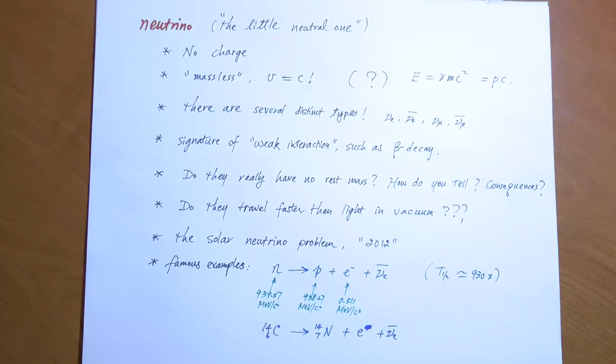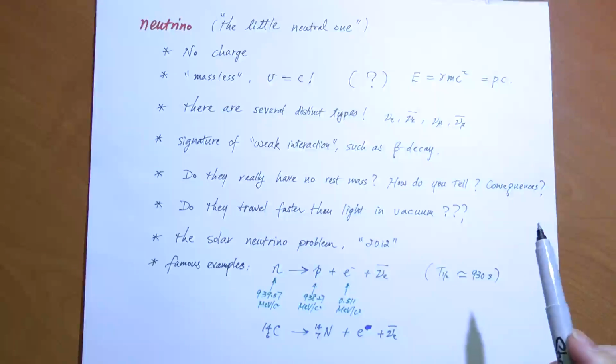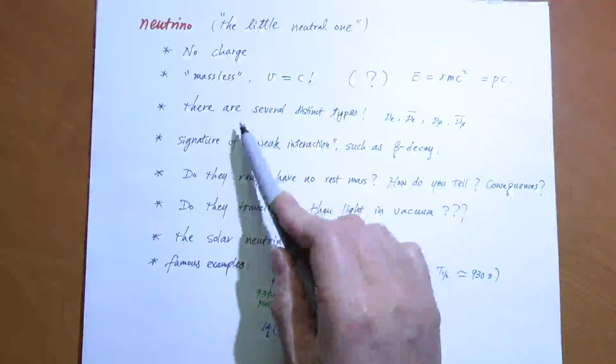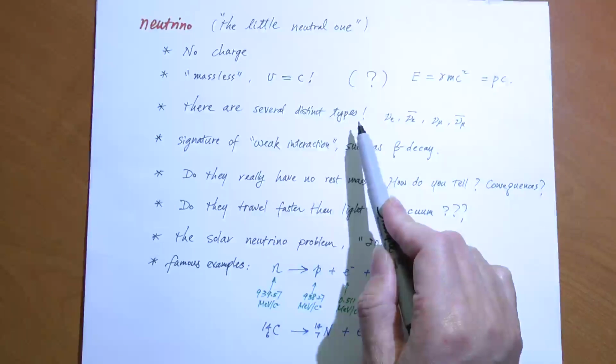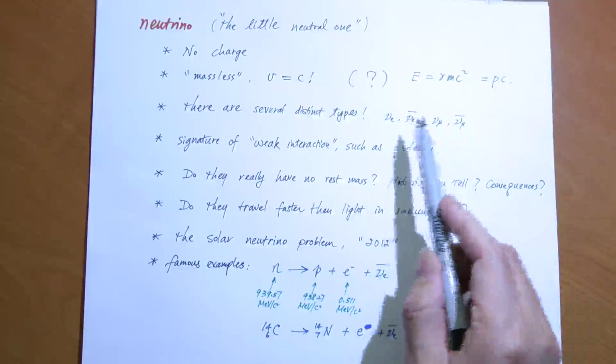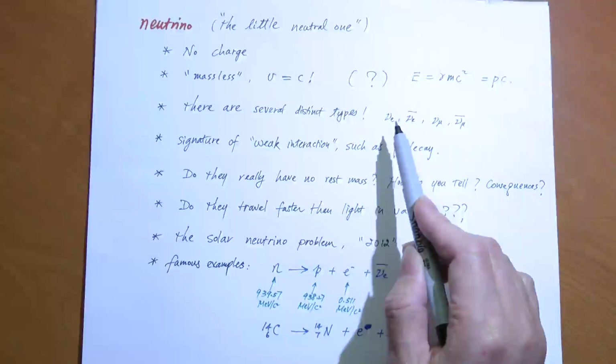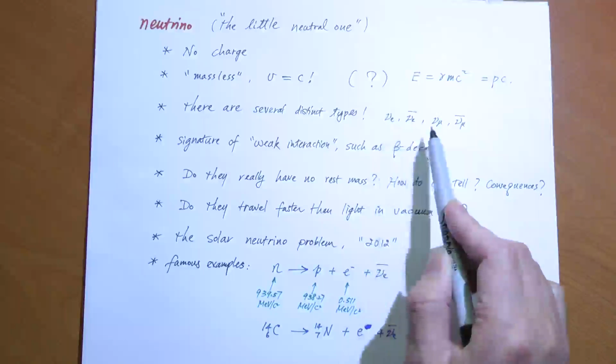Okay, and this experimental research is still going on, and today a lot of scientists do believe neutrinos may have a small mass, but how small is it? What are the consequences? It's still not entirely clear to people, so I put a question mark here. And it turns out there are different types of neutrinos. It's not just a single one. All neutrinos are associated with what's called a weak interaction.